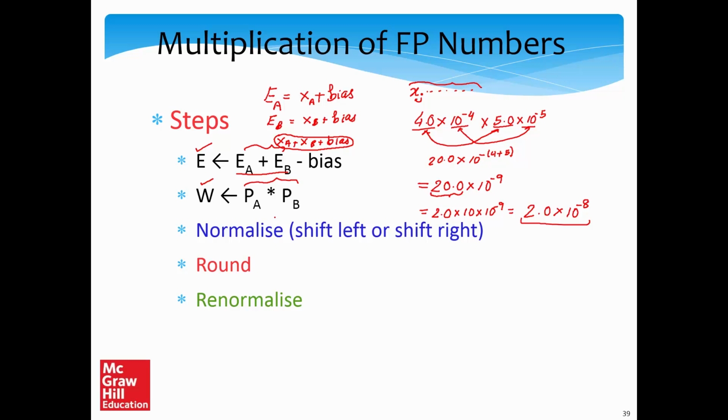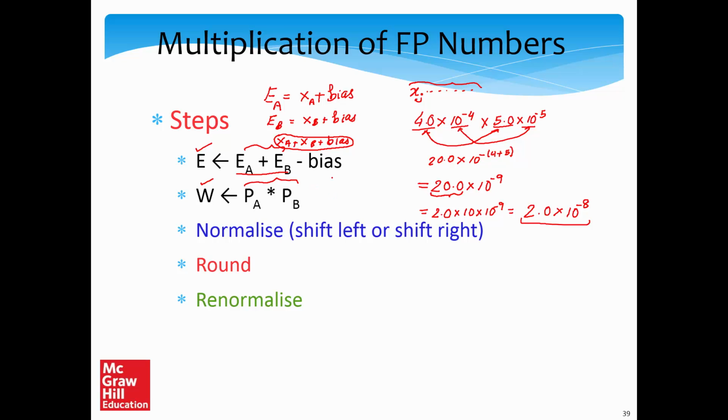After that, we need to normalize it in the sense that if the significand is greater than or equal to 2, then we need to shift the number to the right and also adjust the decimal point.